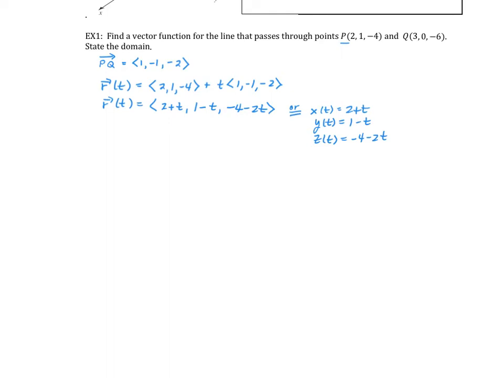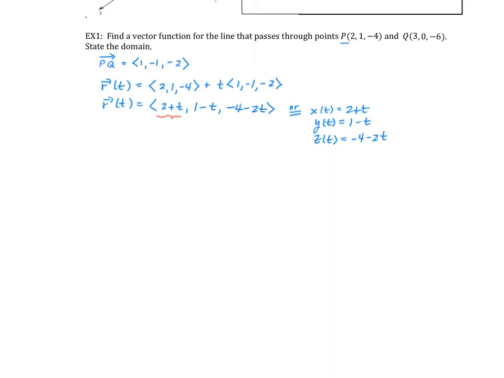Now, what about the domain? So the domain of R is going to be looking at each one of these pieces, the X, the Y, and the Z, or you can call it FGH, and figuring out the domain of each of those pieces. Well, if we look at x of t, it's 2 plus t. Do I have any restrictions, or can I put in any t value?